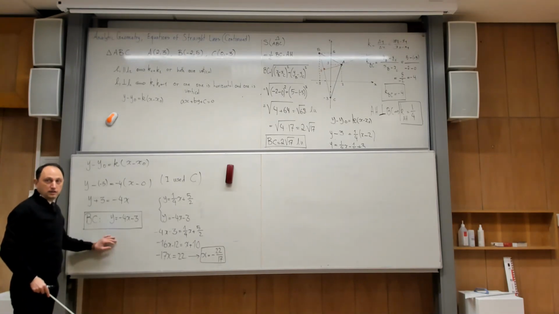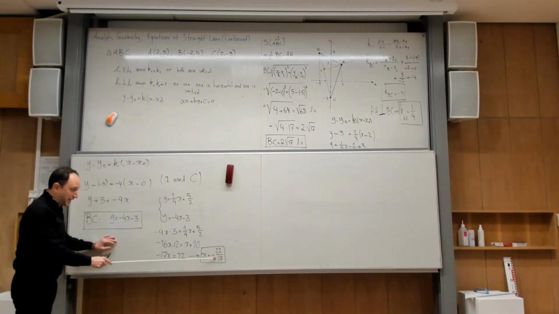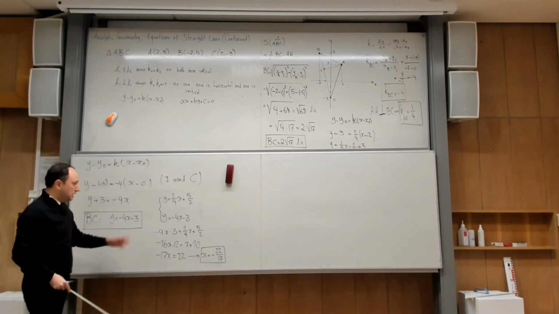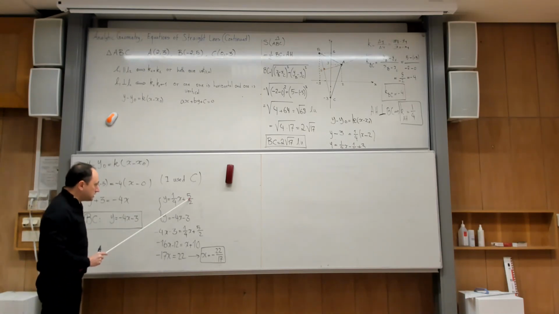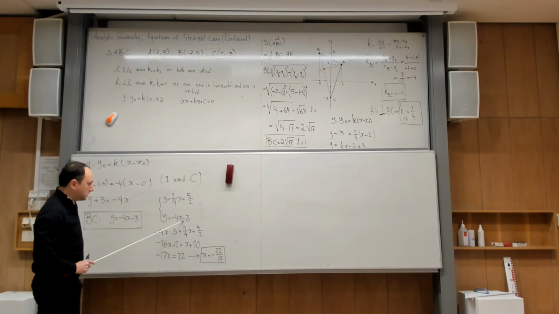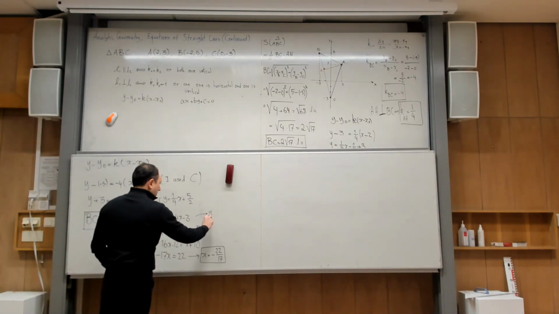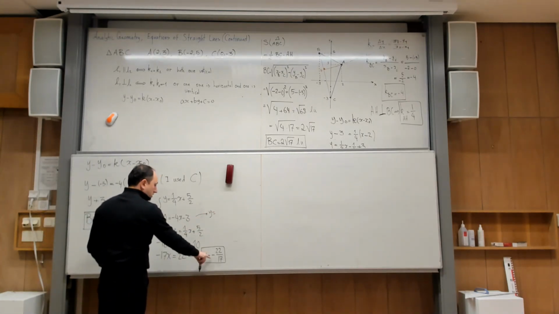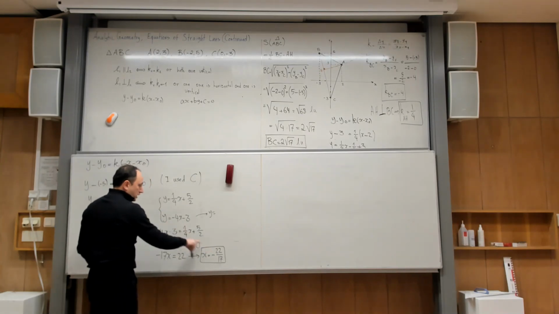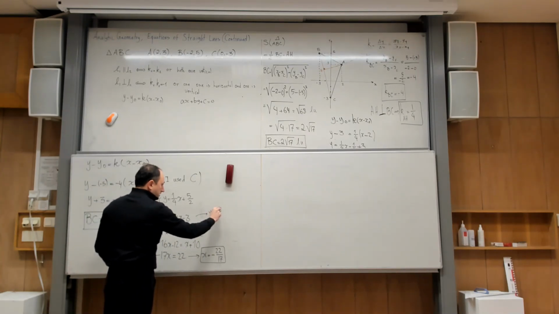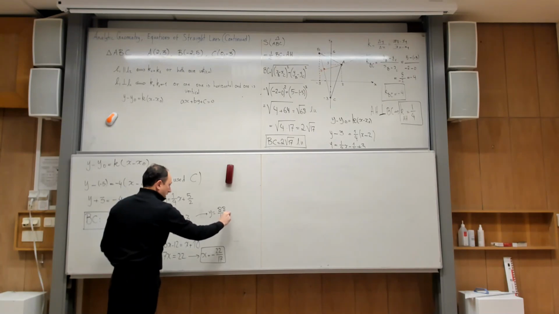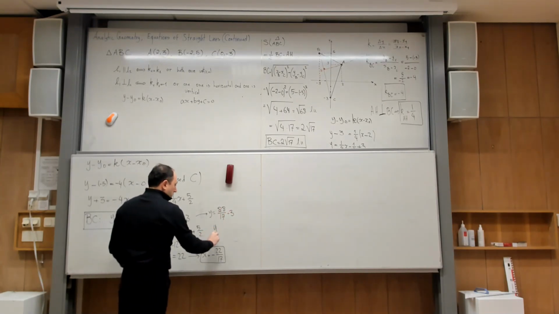The x coordinate of H. Now I plug this back into this equation or that equation, it doesn't matter which one, and you get the y coordinate. For me it is better to plug it here, less fractions involved. So then I put this here, y becomes -4 times x. If you do it in your head, 4 times that is positive, 88/17 minus 3. Okay, do it in your head, what's the answer?